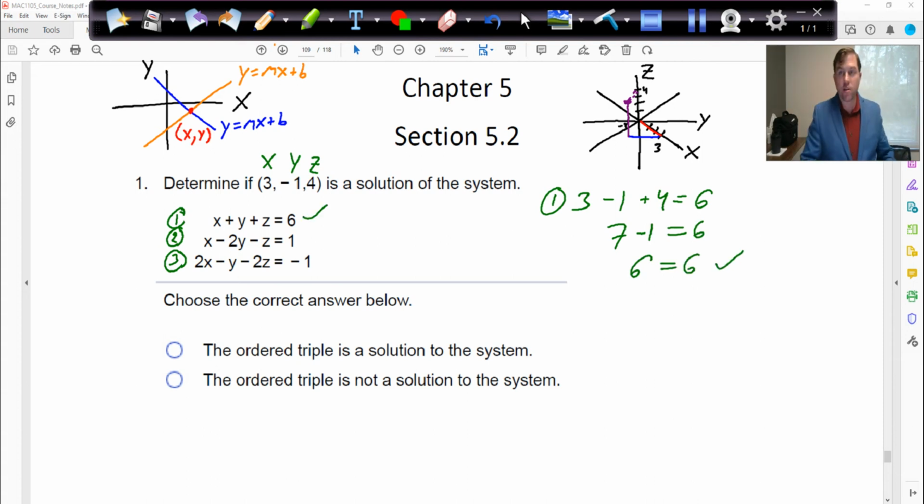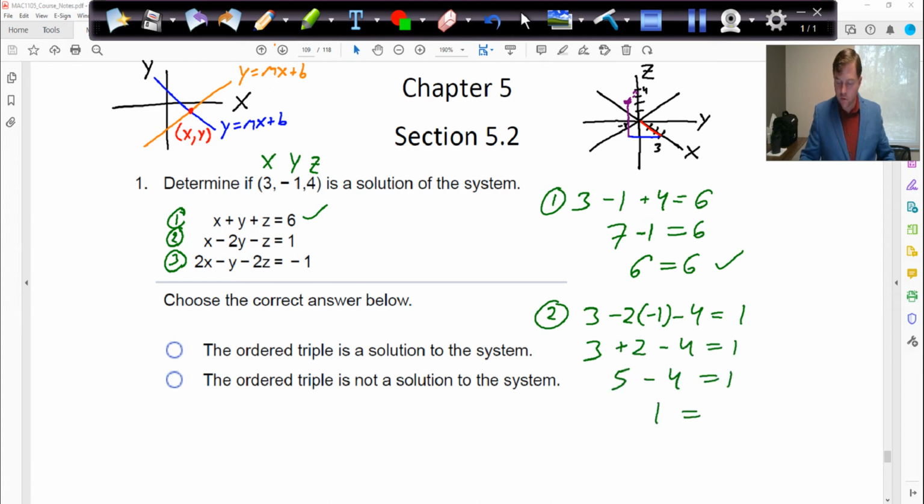So that point, that ordered triple, checks out for equation 1. Now we try equation 2. X is 3, y is minus 1, z is 4, does all that equal 1? Well, we're going to get 3 plus 2 minus 4. That's 5 minus 4. That's 1 equals 1.